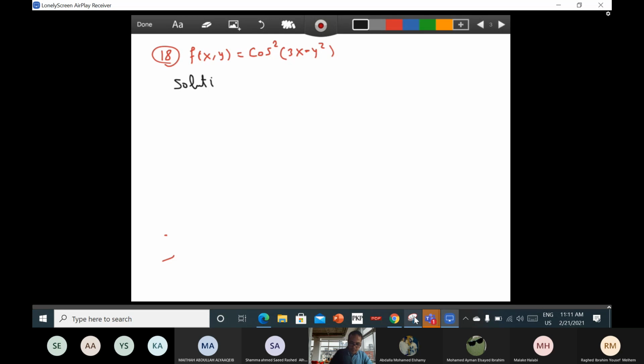Again, I'm looking for the first derivative. Partial f by partial x for cosine square (3x minus y square). This is exactly like partial by partial x of cosine (3x minus y square), all of this to the power 2.